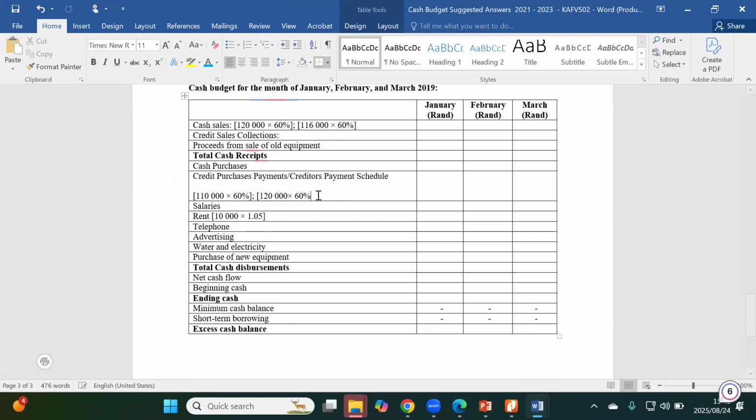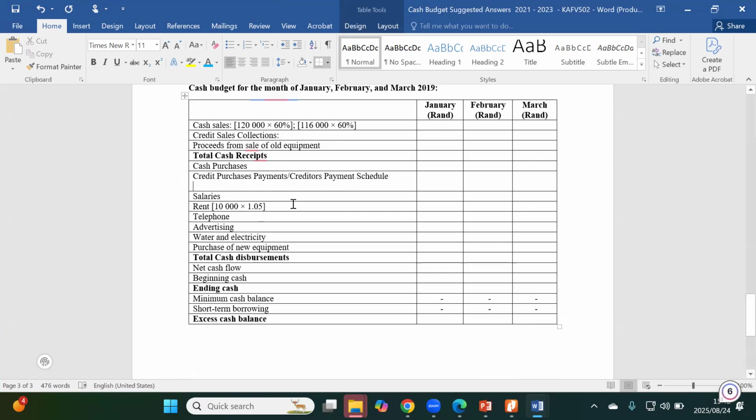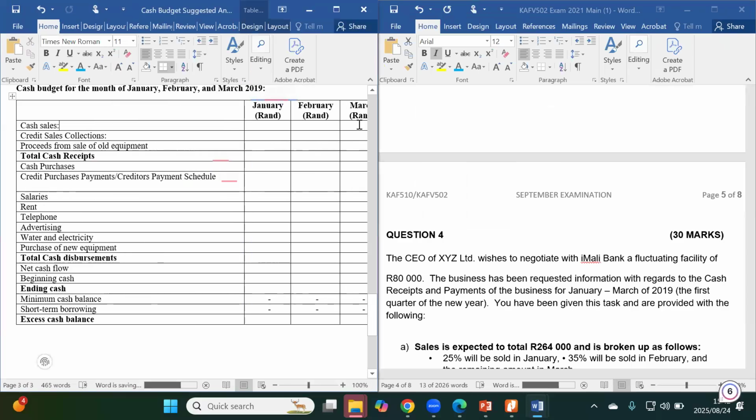Some of the things here we're just going to have to delete, but the other parts I'll adjust as we do the question evaluation. Now we have our format in place for the months of January, February, and March of question four for 2019.